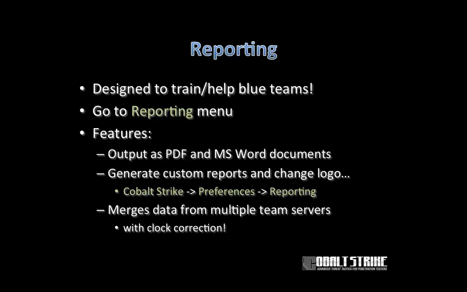That merged data model is the model Cobalt Strike uses to generate its reports. Cobalt Strike also takes steps to correct the clock for different time-stamped events between all the different team servers. So when you generate an activity timeline from multiple team servers, even if there's some clock skew, the Cobalt Strike reports will come out sane.